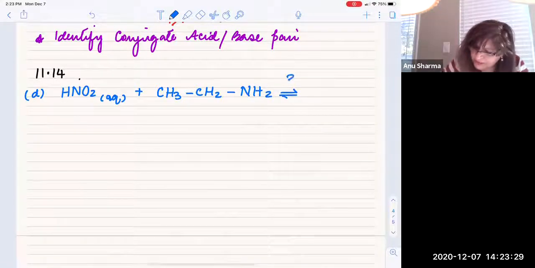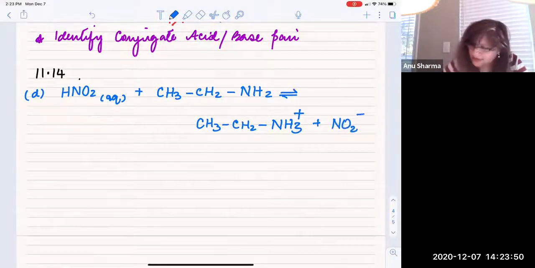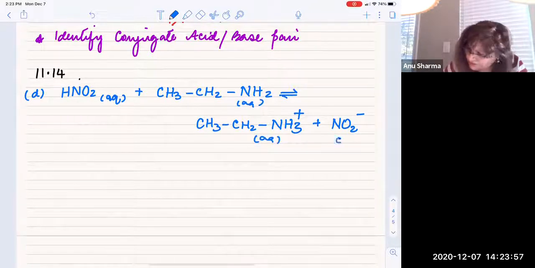And we have to find out the conjugate acid base pairs here. So here you have CH3CH2NH3 plus, and you have NO2 negative. This one is aqueous, and this one is also aqueous.